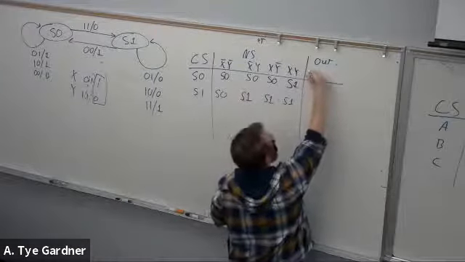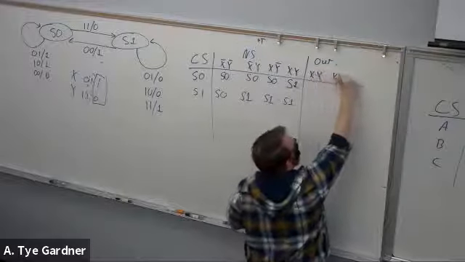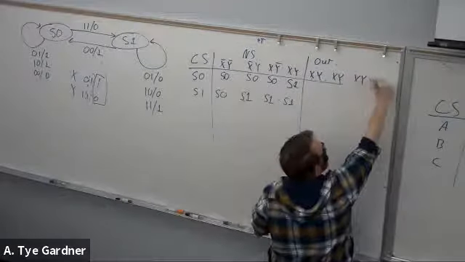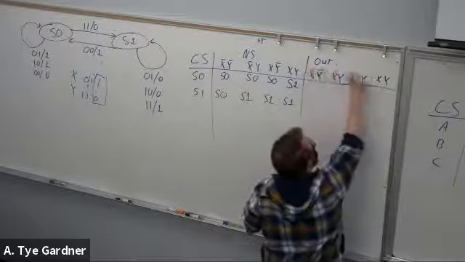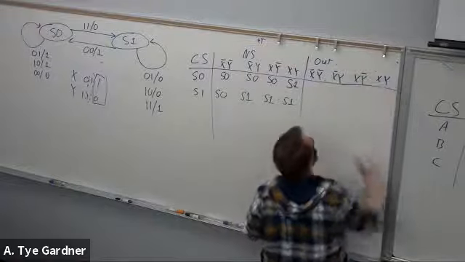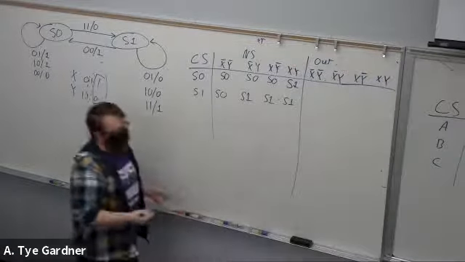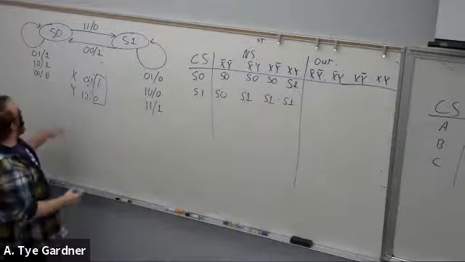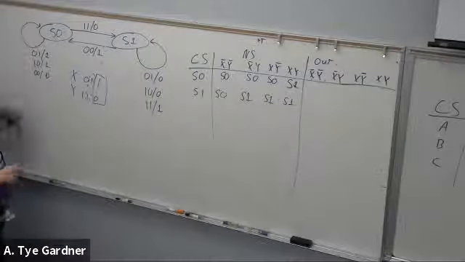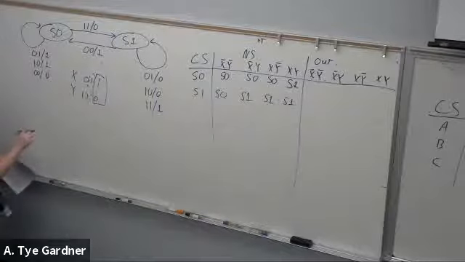Okay, now our output, we have to do the same thing because it relies upon both the inputs and current state. And then we would just fill in, what is the output doing? Well, it's pretty complicated, actually. I don't see a simple way of doing this.